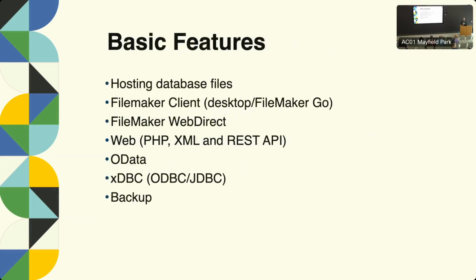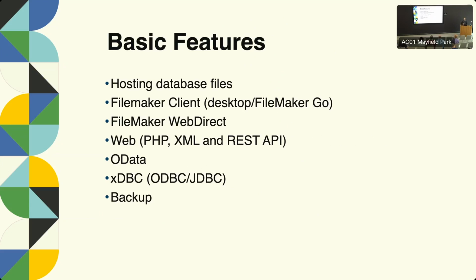The basic features of FileMaker Server are really hosting database files. It's where your FileMaker client connects in order to open your solution. There's FileMaker WebDirect, which you can access via a web browser. There are web technologies like PHP and XML. Well, PHP is deprecated and is moving away.